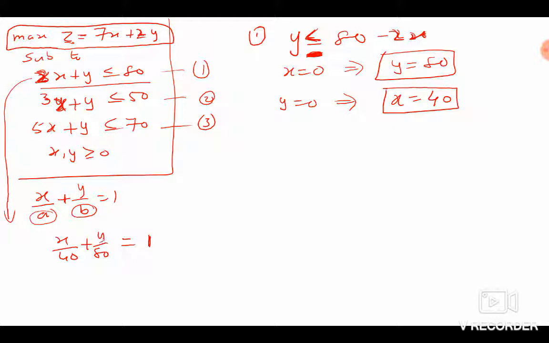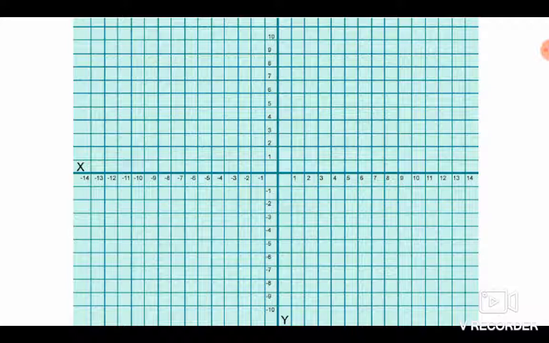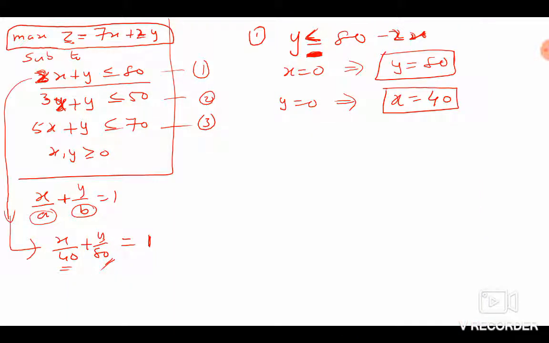So y intercept is 80, x intercept is 40. In any way you can find x and y intercept. So we can draw this one on the graph, isn't it? A straight line joining these 2 points. Okay, in the next we will go to graph after finishing all this.